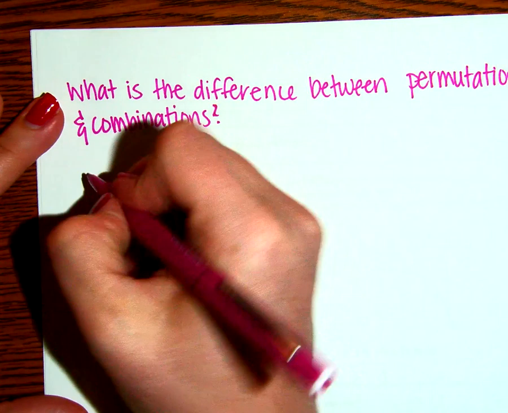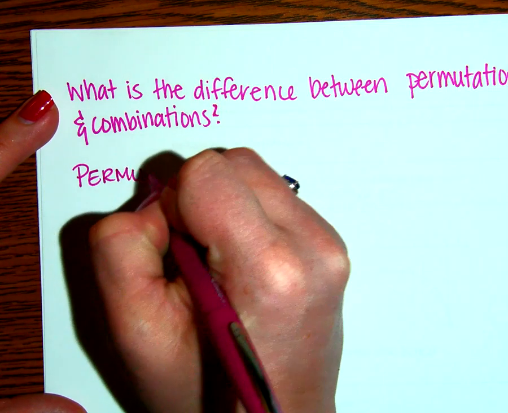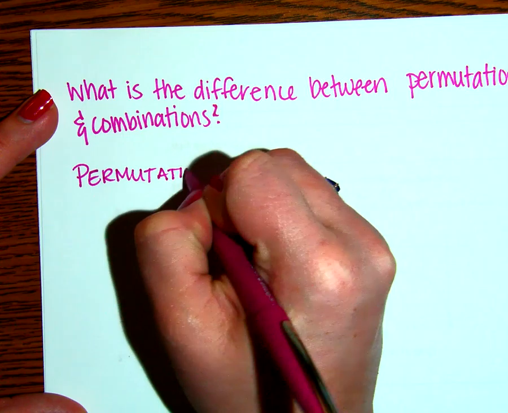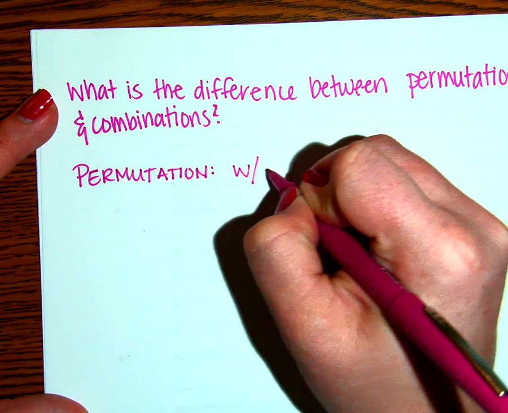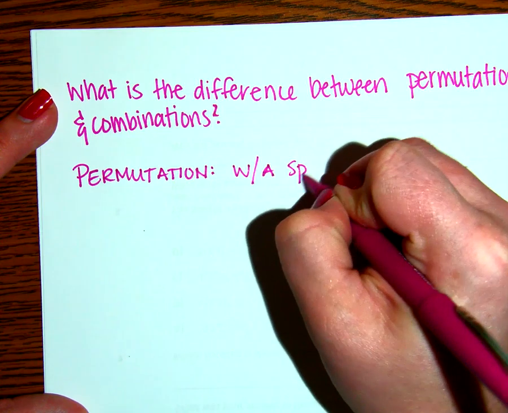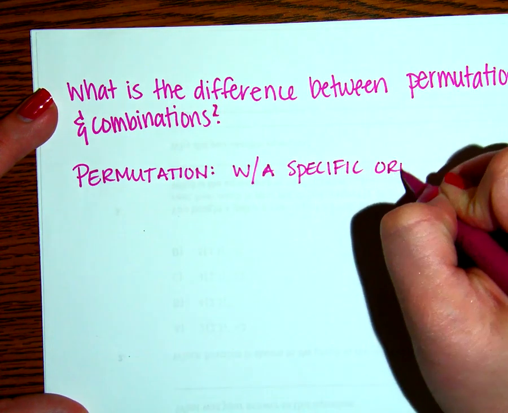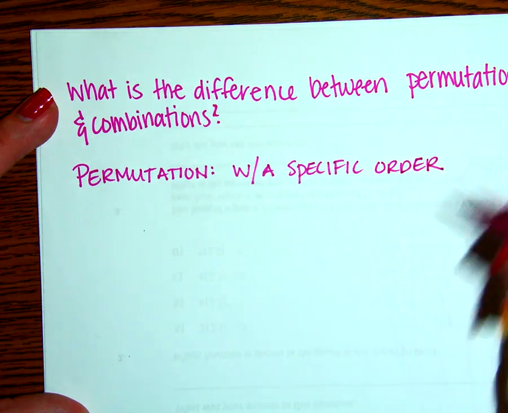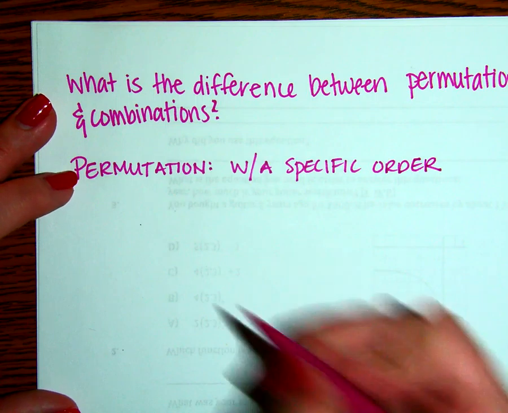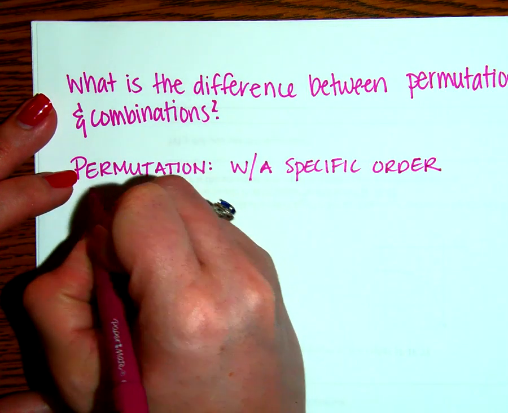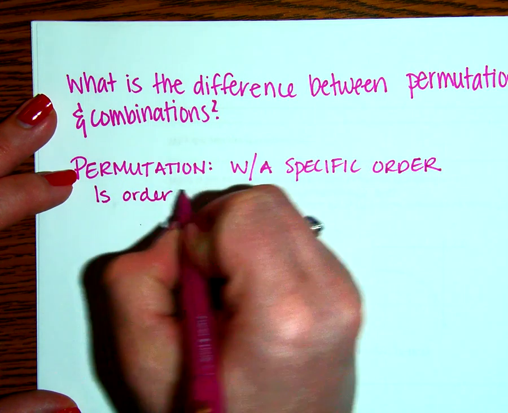So as a reminder, a permutation, by definition, is an arrangement with a specific order. So when we're looking at a permutation, we have to ask ourselves, is order important?